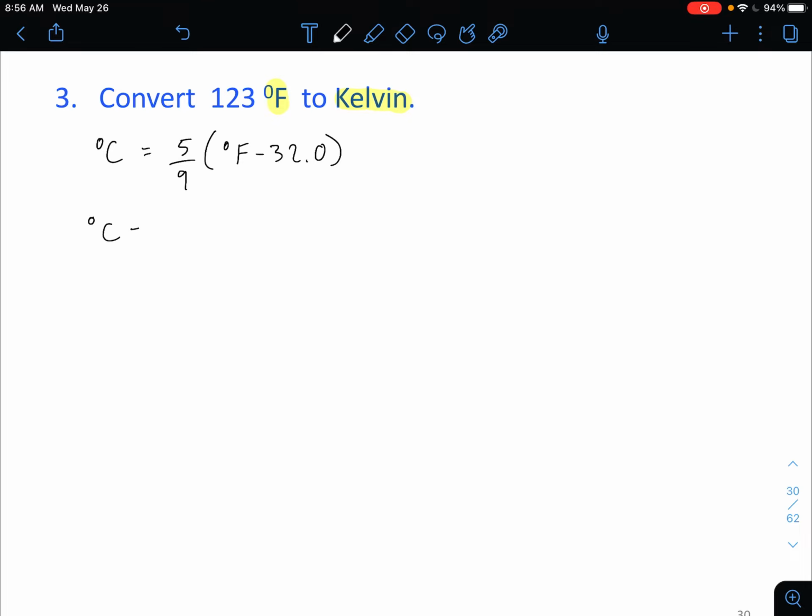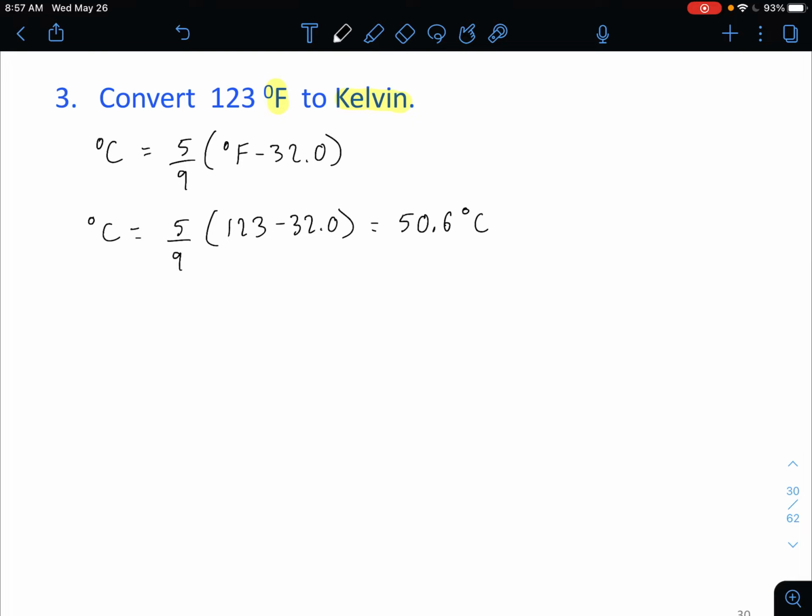So I can do that fairly easily, right? Okay, let's see what we get for that. I'll call it 50.6.